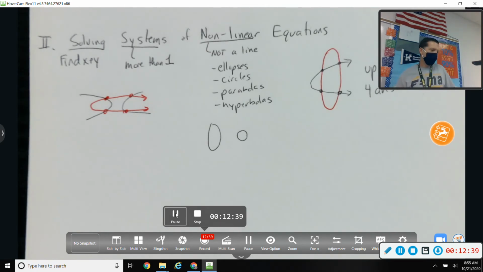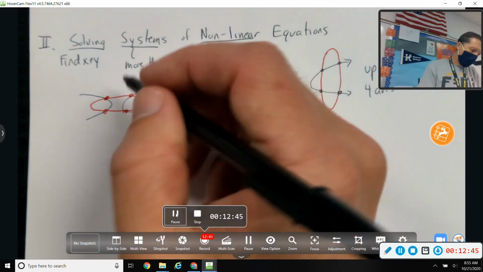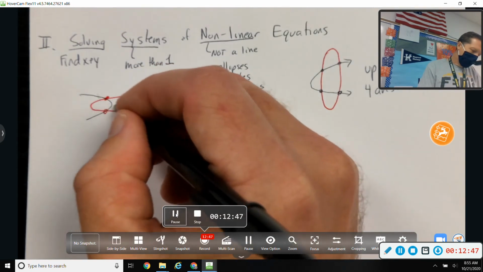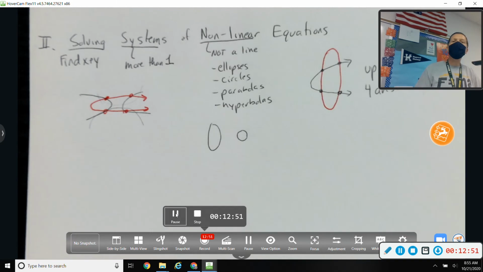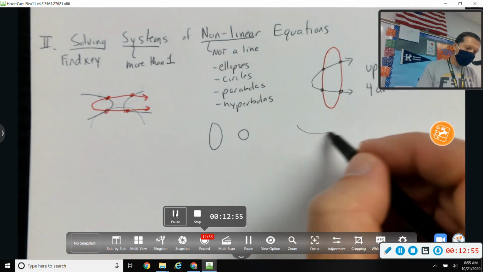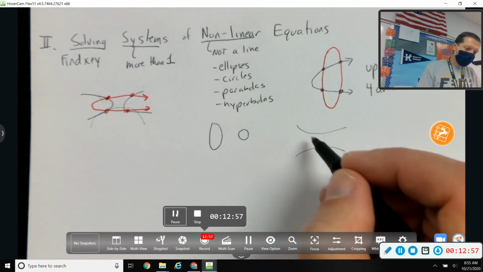Could you have, if 2 hyperbolas intersect with 1? Could you have, I guess you could have 8. We won't have 8, but you could have 8. Yeah, if you arranged it just perfectly.